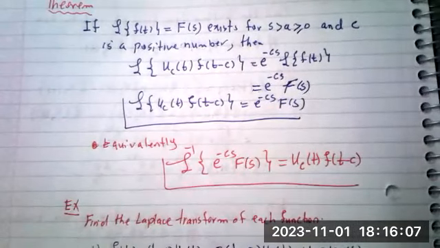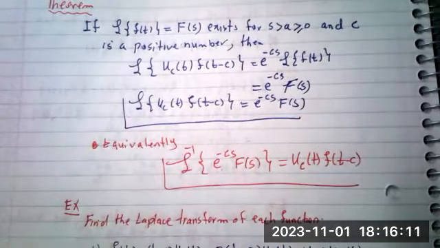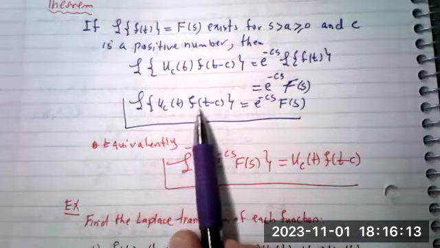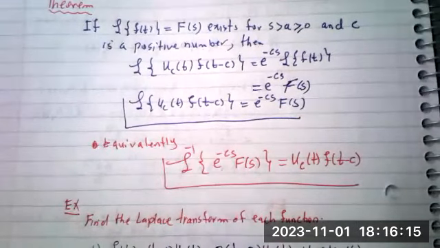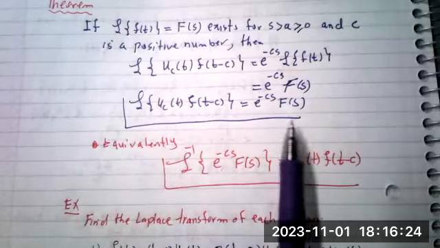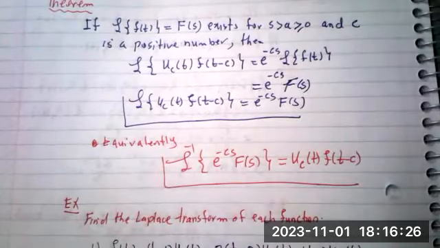Yeah, you have to go back to your function. You see, over here you don't have f of t. You have f of t minus c. If you have f of t minus c, you add the c to make it f of t. Then you find the Laplace of f of t, because this is F of s. That's a shifting, you just shift from t to t minus c.